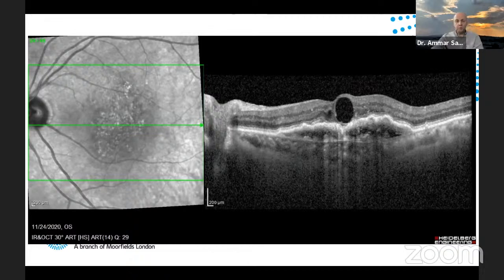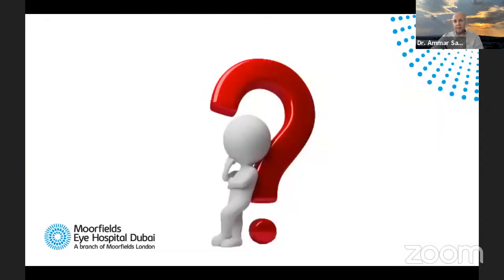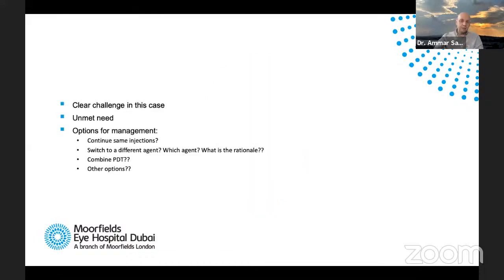We did it on the 24th of November, but I still do not have any results, of course. Like I said, this presents an unmet need that we have, and hopefully brolucizumab will be able to fill some of that need. These were some of the options, unless you also have anything for discussion. Thank you so much.